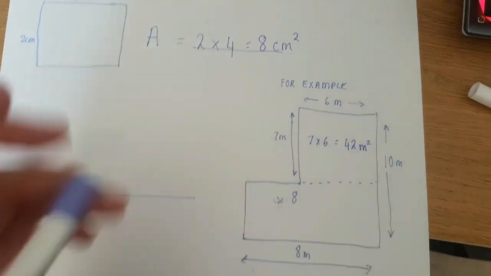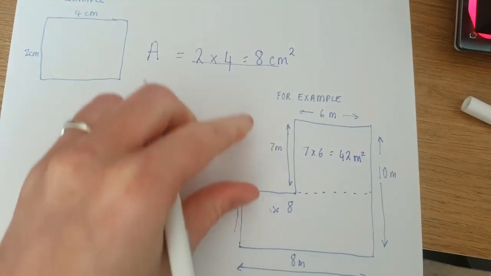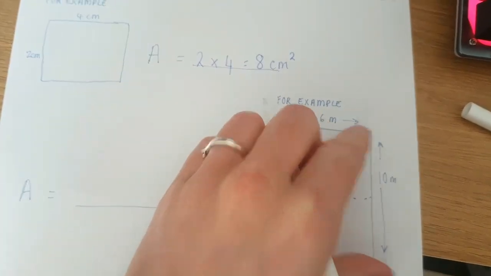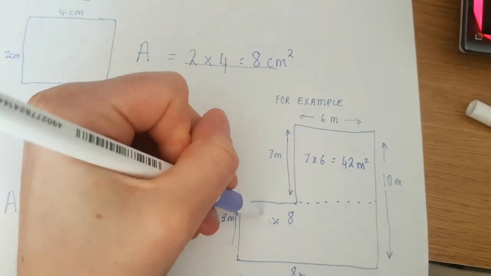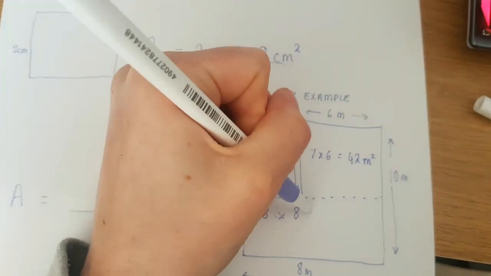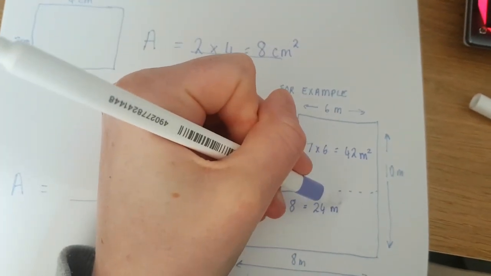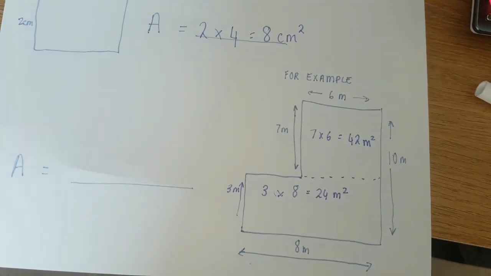So this length has to be 3 meters in order for them both to add together to make this 10 meters here. So it's going to be 3 multiplied by 8 because I found my missing height. 3 multiplied by 8 is 24. And you guessed it, we have to put the units in of meters squared.